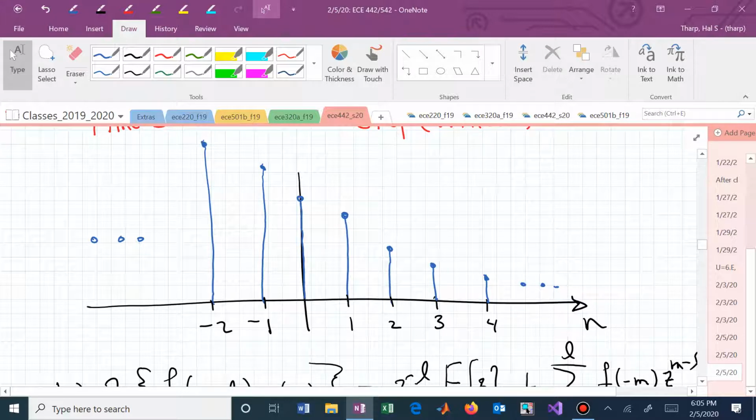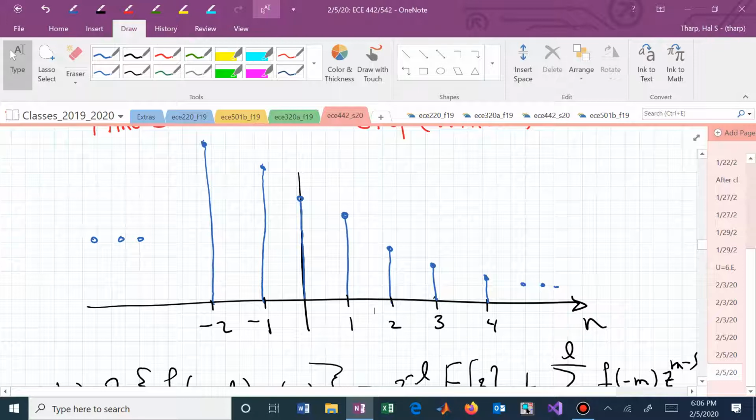I want to shift that and then show when it's on. If I shifted this sequence of blue lines or delayed it by 2, you could shift it over, and now that value at -2 would be right at the origin. And then I switch it on right at the origin, so now I've picked up these values at -1 and -2 in this expression that I'm trying to z-transform.